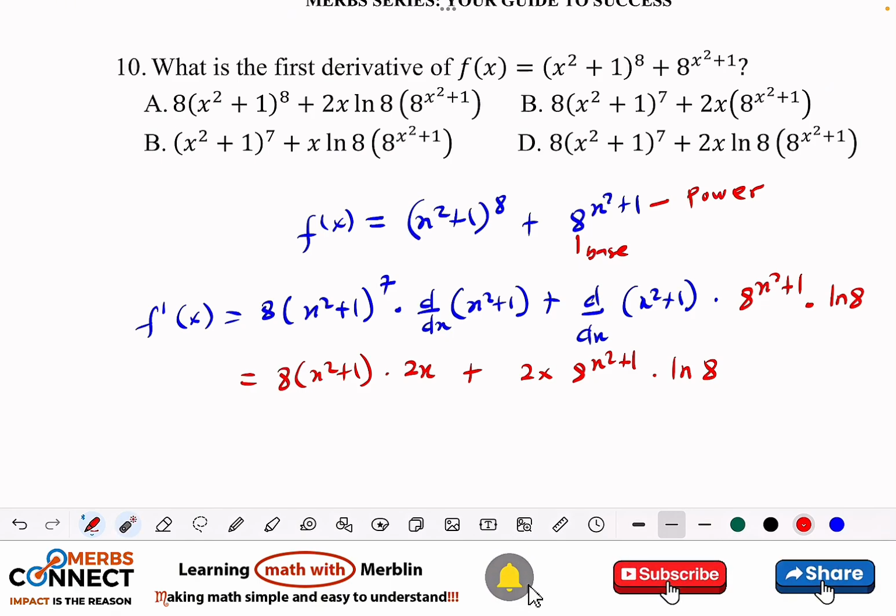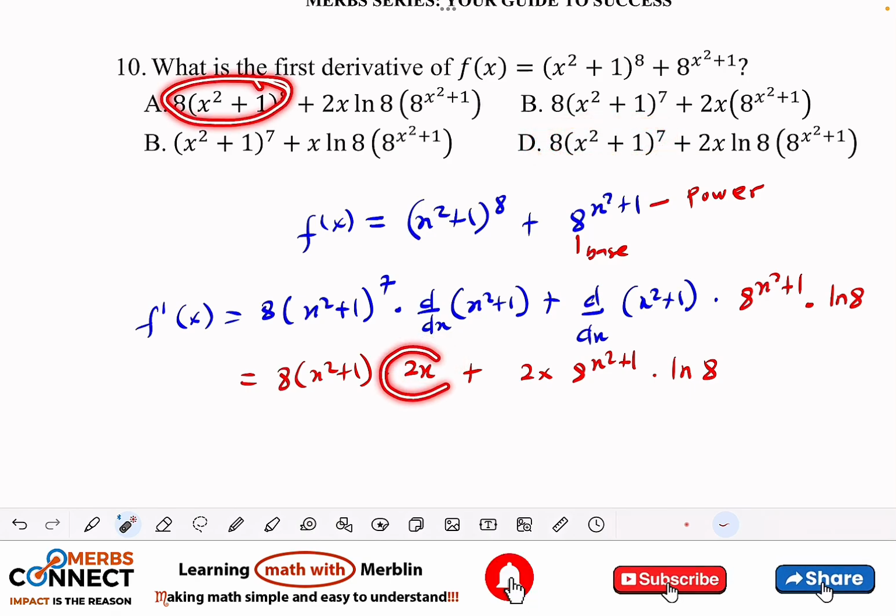I have this, I have ln 8, and I have this one. So this is true, this is also true, right? Good. But this has no 2x and this also has no 2x.